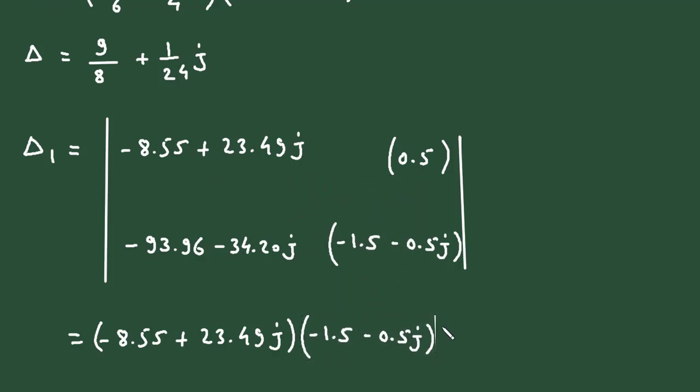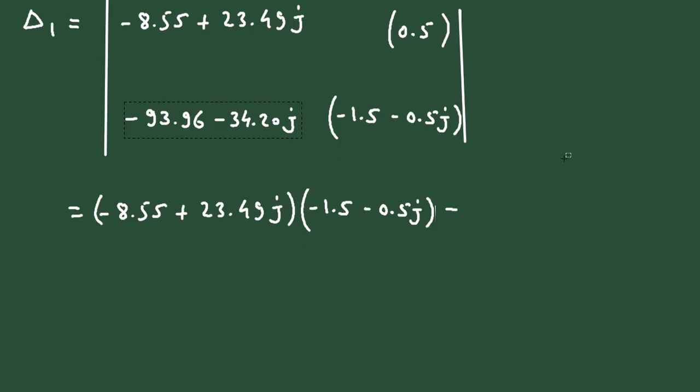Now next we have to subtract this. Now this time we have to multiply this into this. So let's copy it from here, then multiply with 0.5. Let's solve this in calculator.